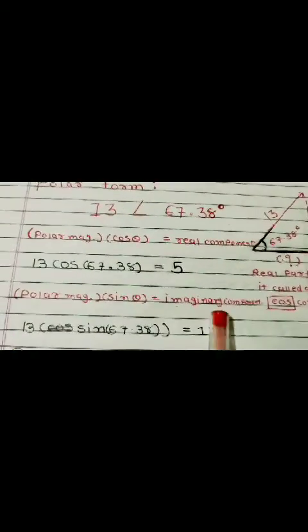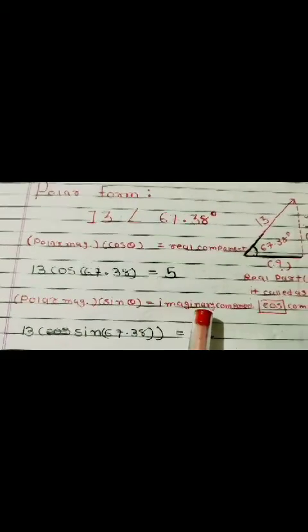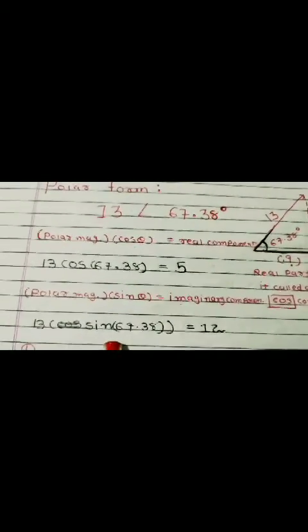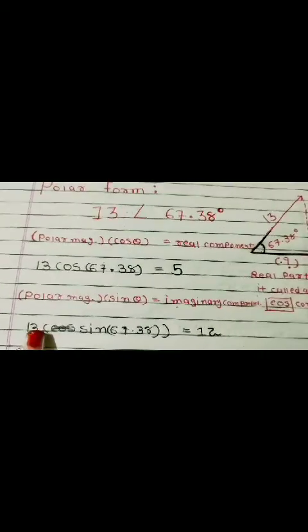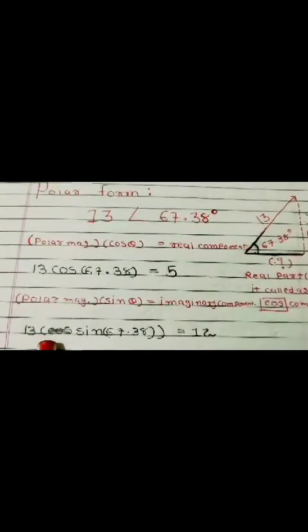The equation of the imaginary component is polar magnitude into sine theta, equal to the imaginary component, and we have a polar magnitude of 13 and theta of 67.38. So we can put these values in this equation: 13 sine 67.38, and we get an answer of 12.